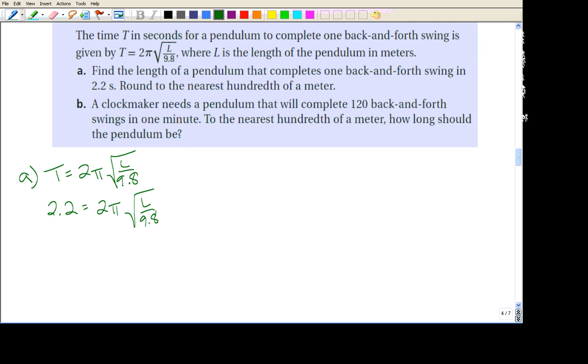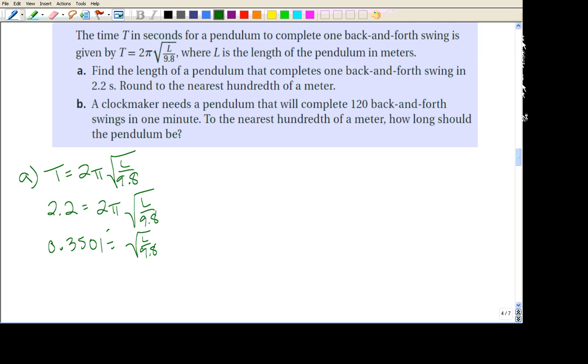And now we just get L by itself. I can start out by dividing both sides by 2 pi. I'm going to make that into a decimal. When I divide 2.2 by 2 pi, I get 0.3501. We'll keep a few extra decimal places for a little bit. That equals the square root of L over 9.8.